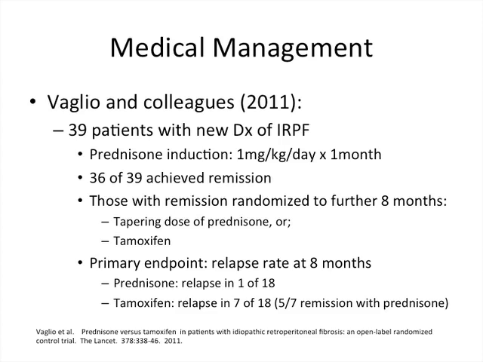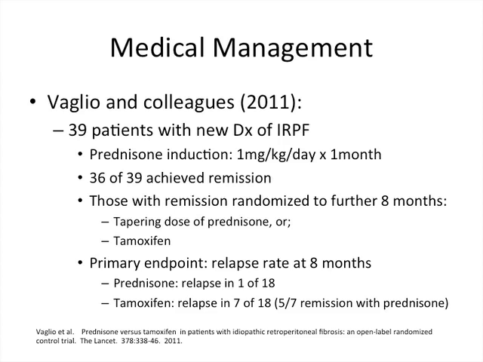Those who were considered to be in remission, which 36 of the 39 were, were then randomized to one of two arms, one being a tapering dose of prednisone over an additional 8 months of therapy, or tamoxifen over an additional 8 months of therapy.